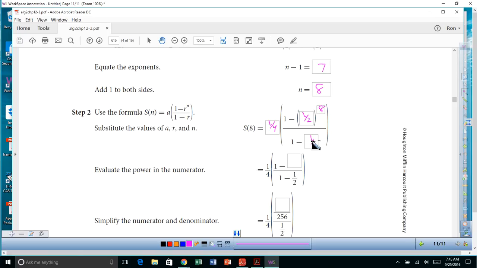So 1 minus 1/2. So that would be 1 over 256.